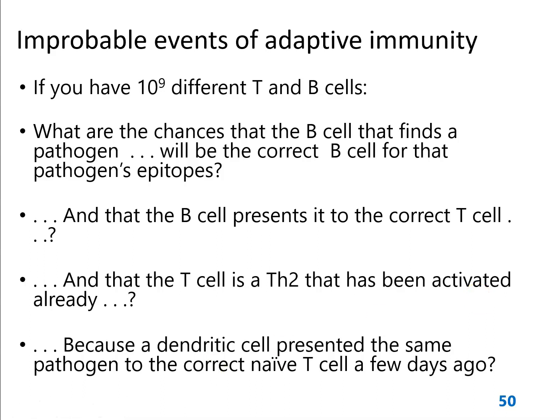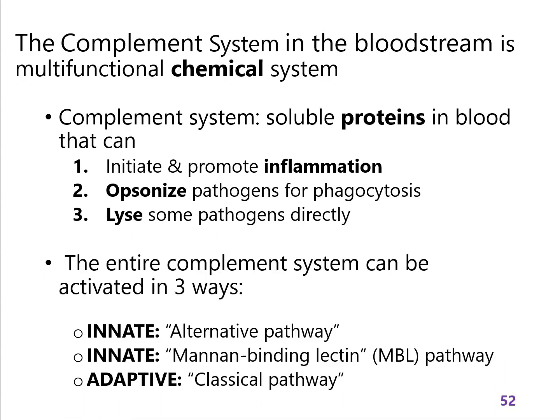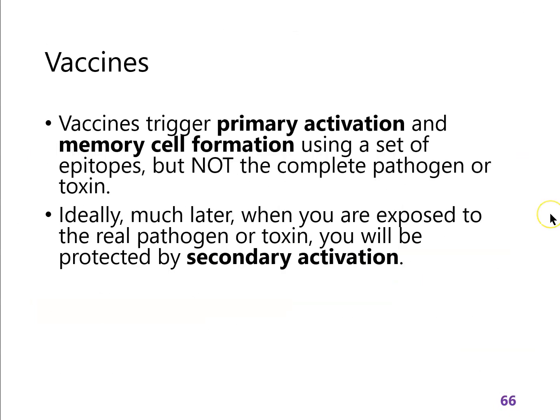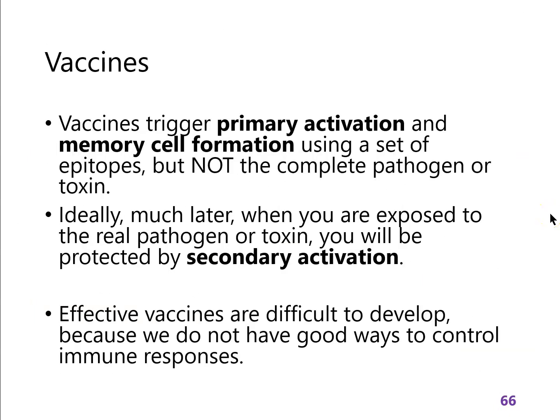The last thing I'm going to do in this video is skip ahead to a slide that defines vaccines, and these are fundamentally an adaptive immune response thing. They trigger primary activation and memory cell formation so that when you're exposed to the actual pathogen, you get secondary activation.